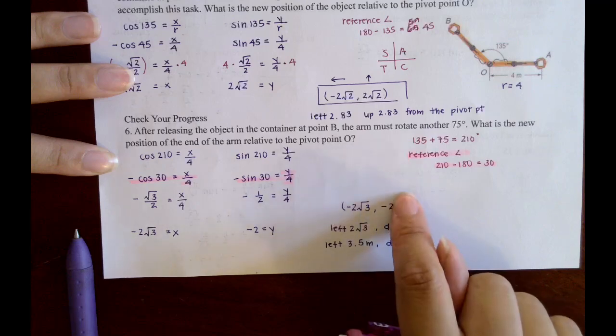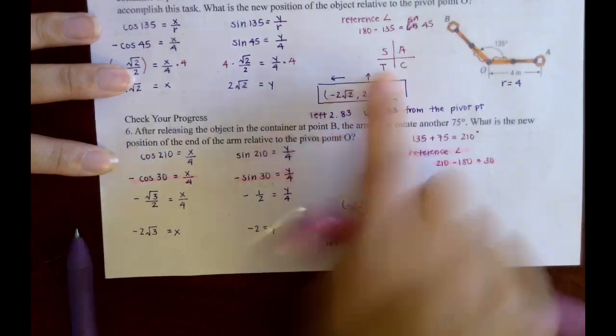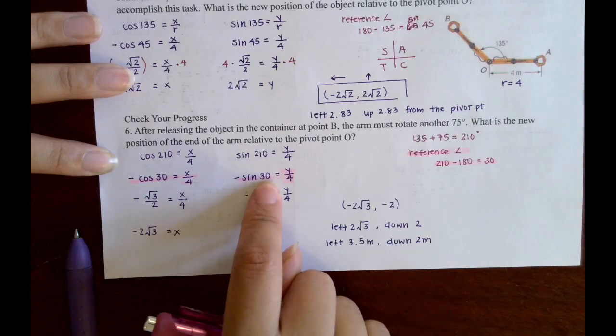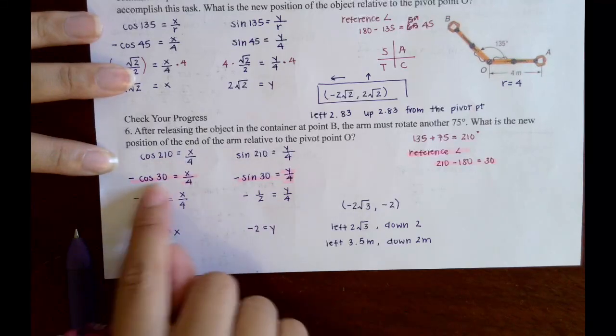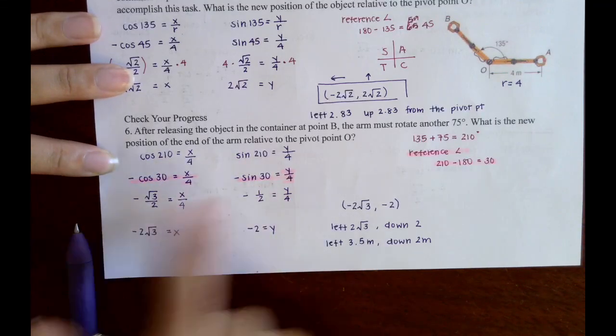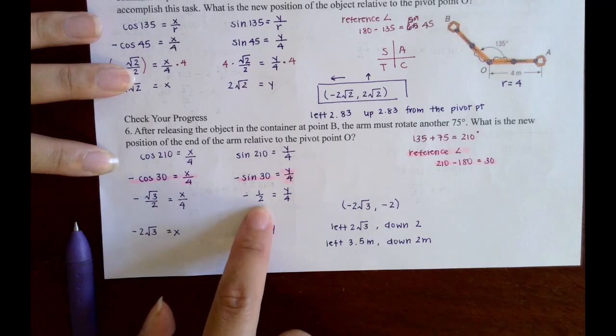And since 210 is in quadrant 3 now, only tangent is positive, which is why here you see it as negative cosine 30 and negative sine 30. Okay. So replacing cosine 210 with this, replacing sine 210 with this. Okay. Then replacing cosine 30 with this, replacing sine 30 with this.